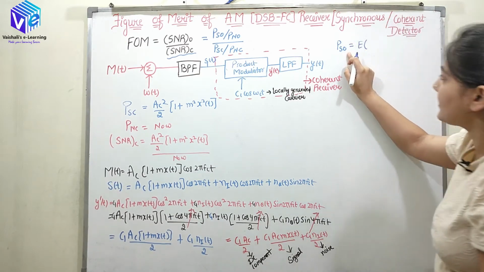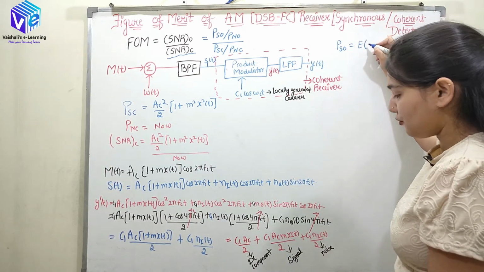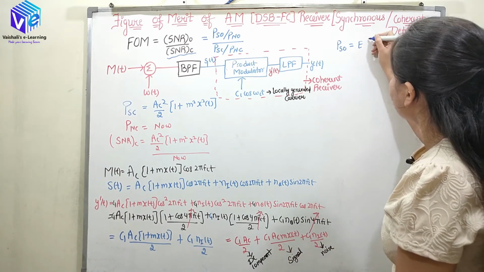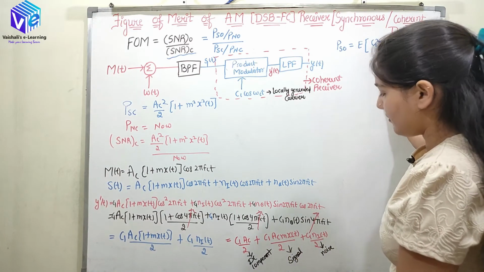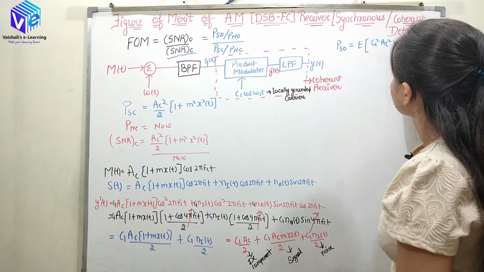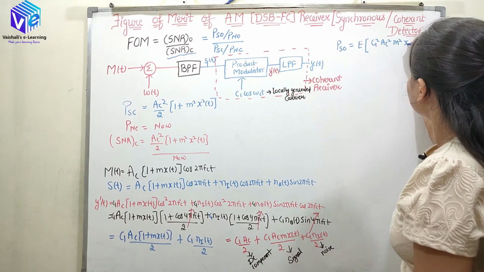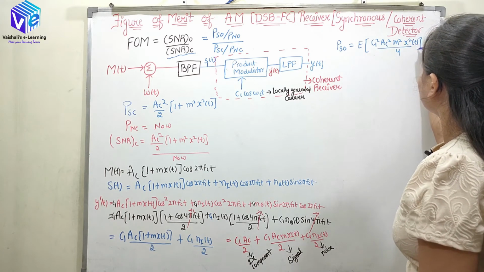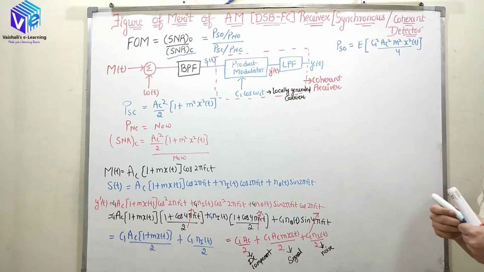First I'll talk about the signal. The power of the signal at the output will be equal to E of this signal component squared. So E of c1² Ac² m² x²(t) divided by 4.